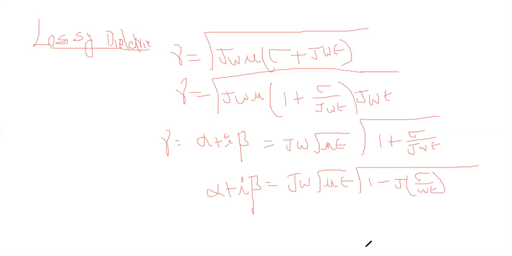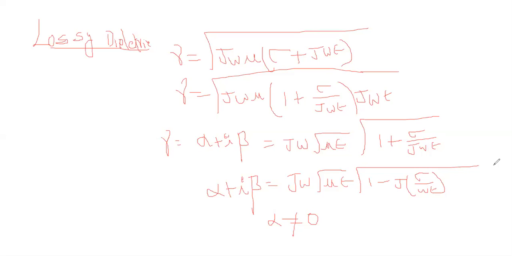Some value is there, that is minute, a small value. Alpha is not equal to 0 here. And beta definitely becomes omega under root of mu epsilon only. Whenever it is a multiplication factor with 1, the real term will get whole power 1 by 2. You can take it as whole power 1 by 2.